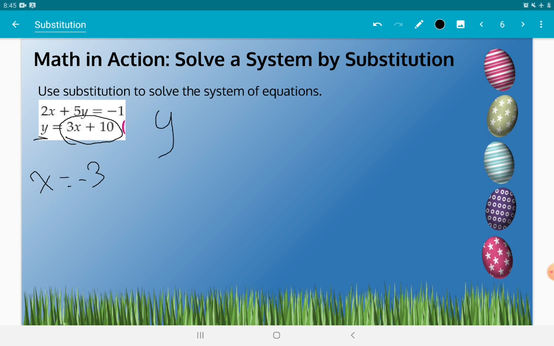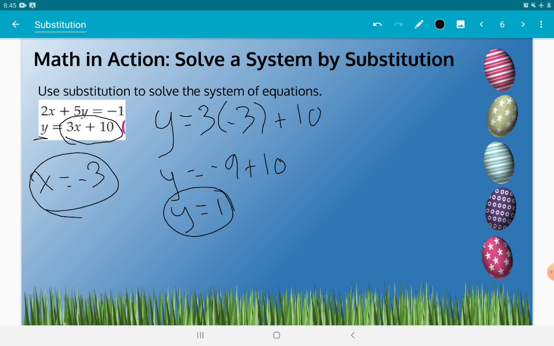But I'm going to have y equals 3 times negative 3 plus 10. So y equals negative 9 plus 10, or y equals 1. So y equals 1, x is negative 3, so we can rewrite this as negative 3, 1. And that should be your entire answer.